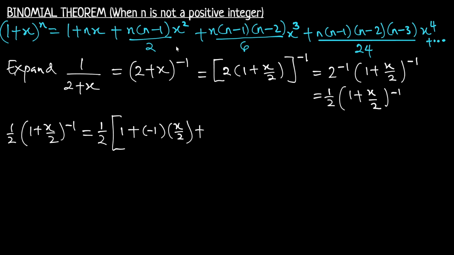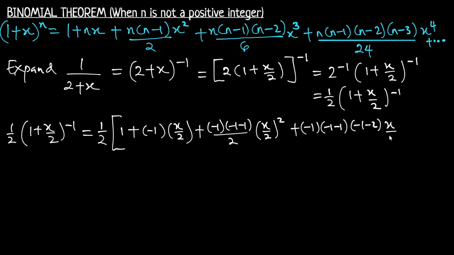Plus, n minus 1 is going to be negative 1 minus 1 over 2, then we have x over 2 all squared. Plus negative 1 minus 1, negative 1 minus 2, x over 2 to the power of 3, and all of what we have is divided by 6. So we can go on with that. Let me just stop at the power of 3.